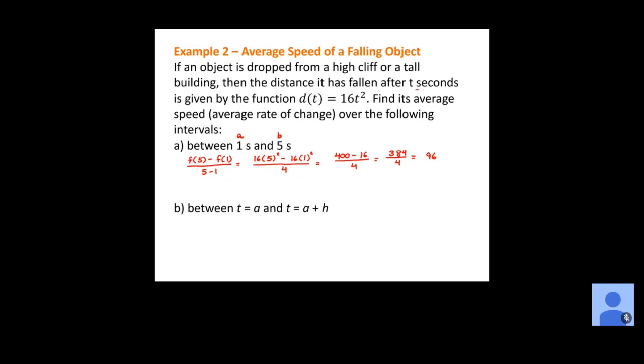Seconds. Now, in this case, the formula that's given, this is going to be a distance measured in feet. So if that's measured in feet and we know our time is measured in seconds, what is our speed going to be measured in? Feet per second. Good. So this is 96 feet per second.